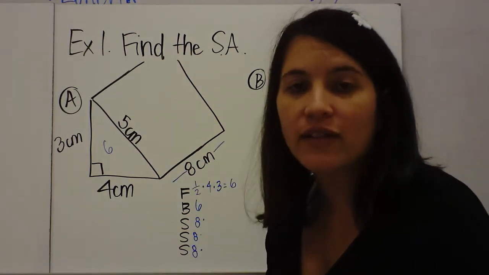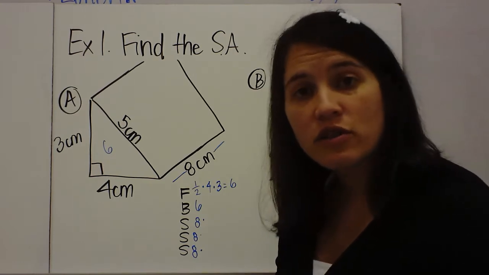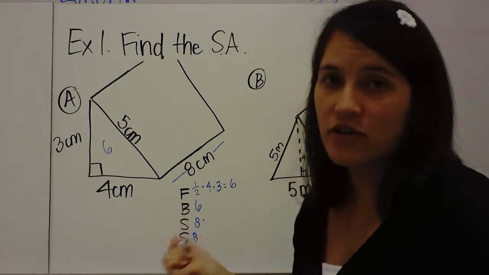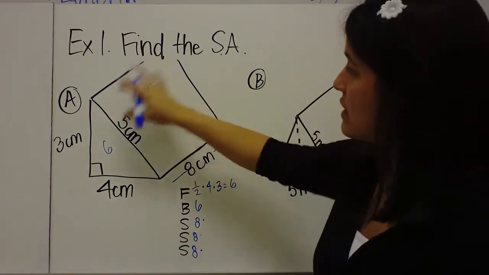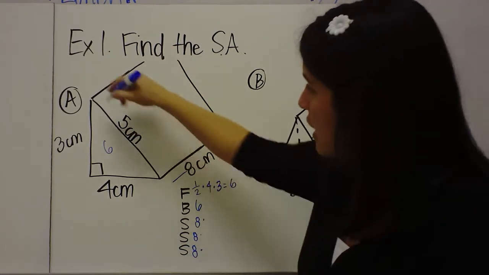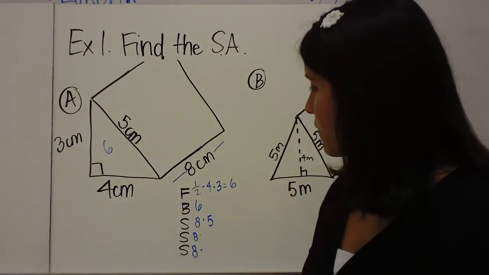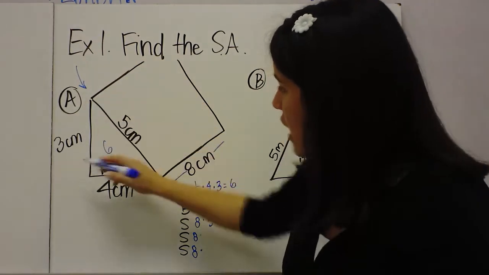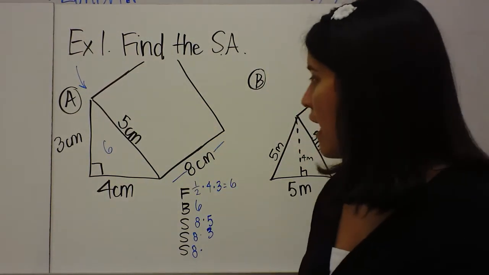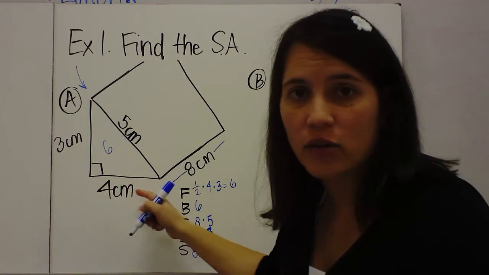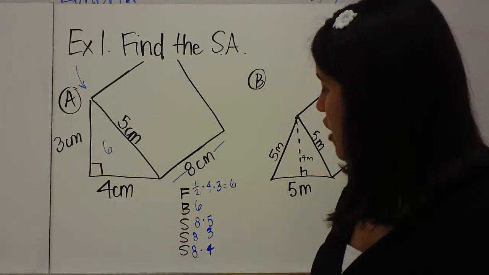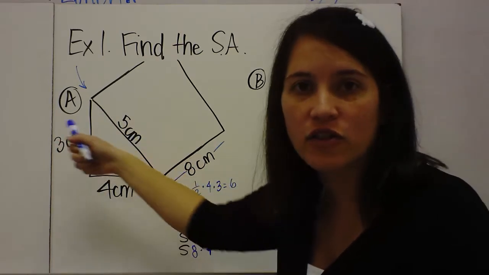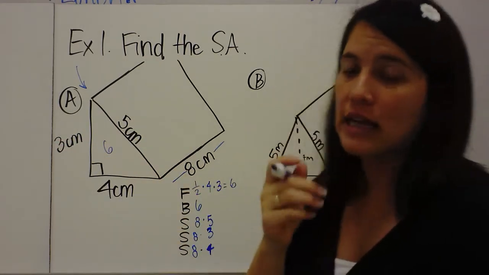And then what you do is you use each side of the triangle and match it up with the 8. So this side would be 8 times 5. This side over here that you can't see would be 8 times 3. And then the bottom of the triangle would be 8 times 4. Notice, I used this 8, and then I used each side of the triangle. And that's how you find the 3 sides.